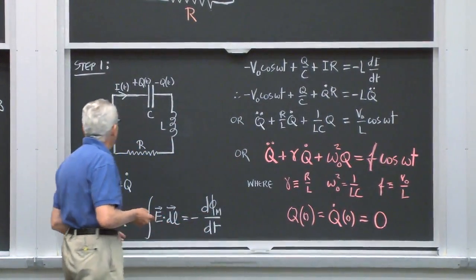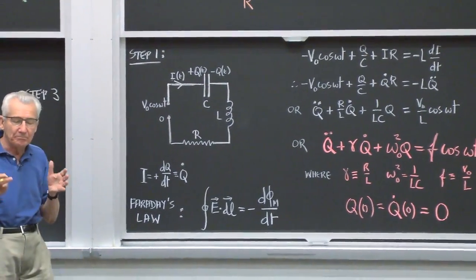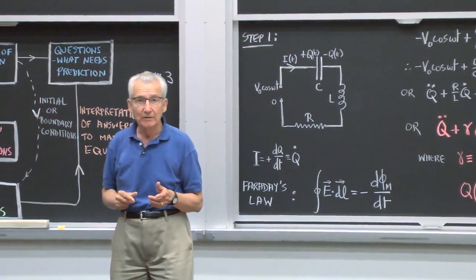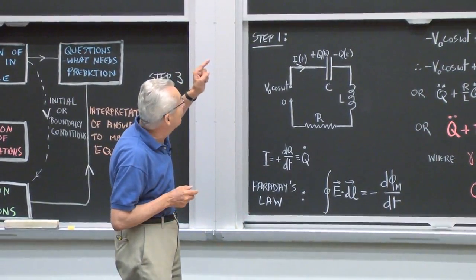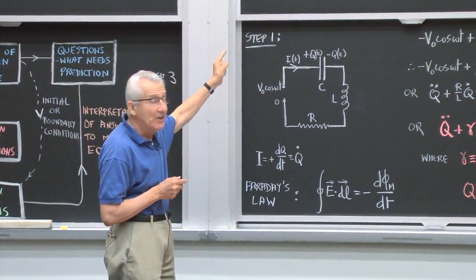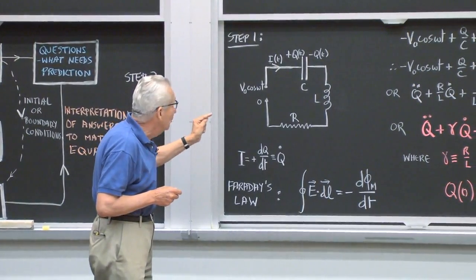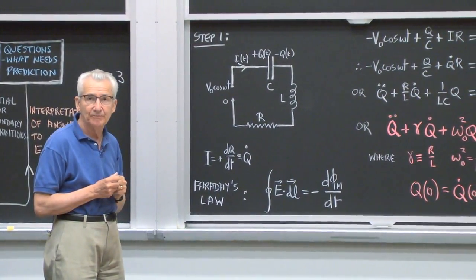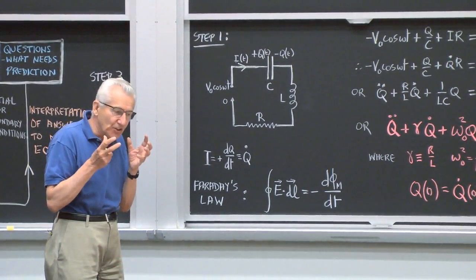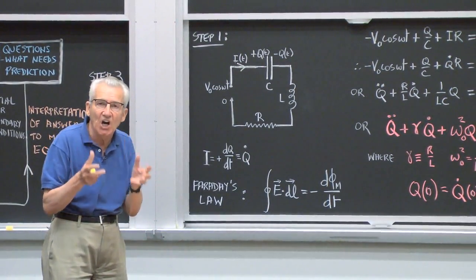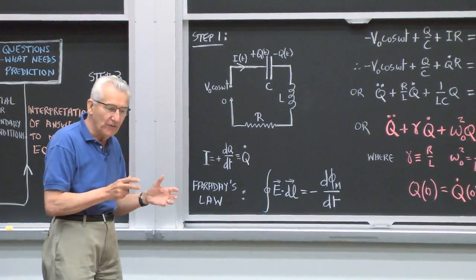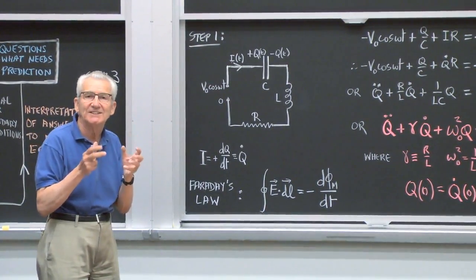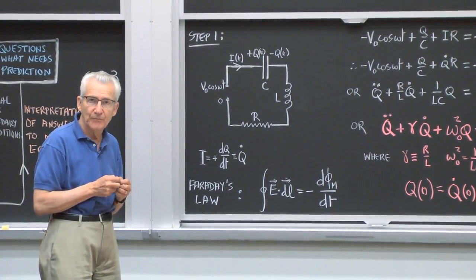All right. Now, we are now entering step 1. We're going to take the physical situation and convert it to a description in terms of mathematics. This is the conceptually hardest step of any problem. It is the one where you need to understand the physics.